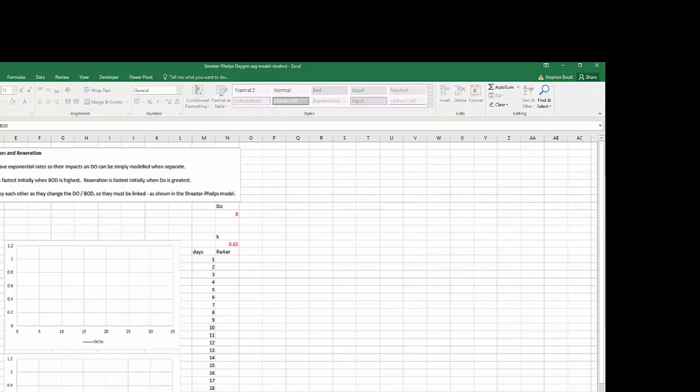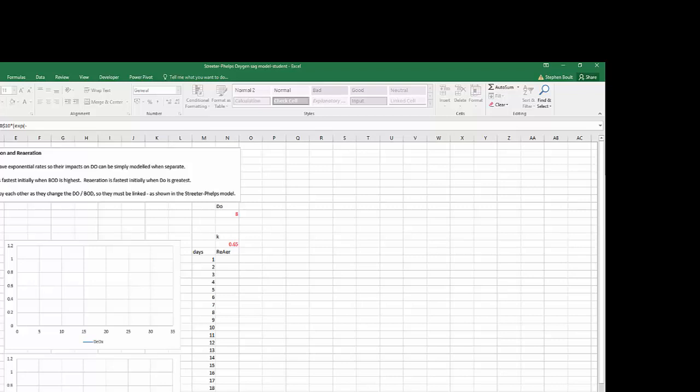We're starting off with the initial BOD, and we need to make sure all these constants we're referring to have got an absolute reference so we can copy them down. So we've got the starting BOD, and we're going to multiply that by the exponential, so e raised to, it's a decrease, so it's a negative power, and raised to the power of the time, but also multiplied by the rate constant.